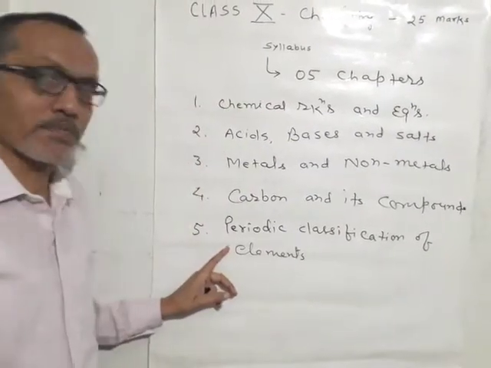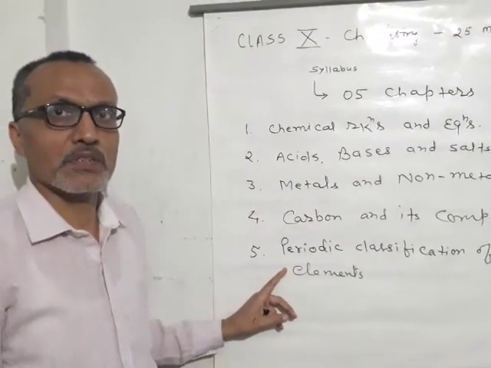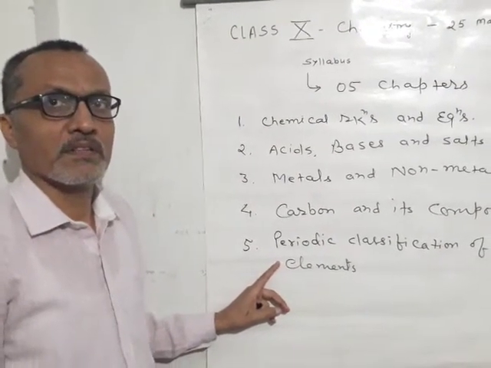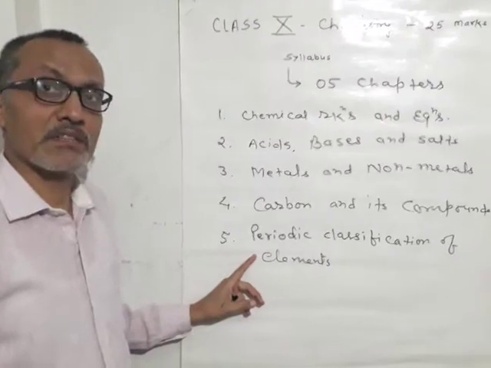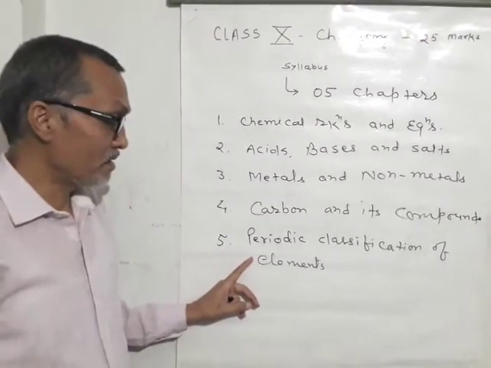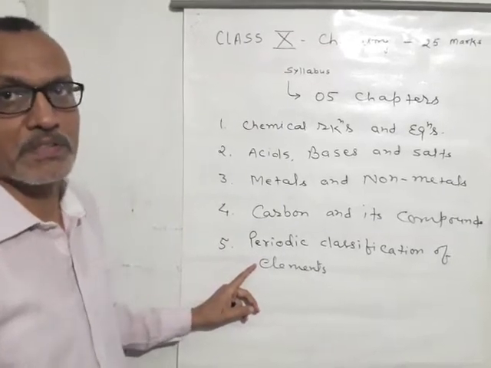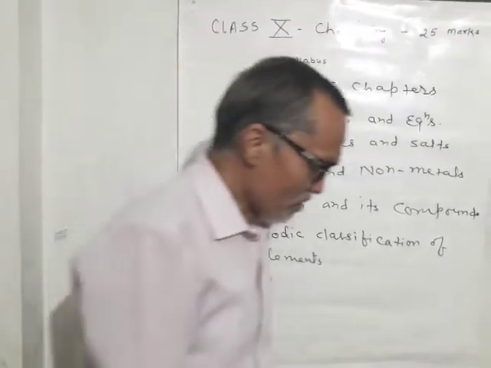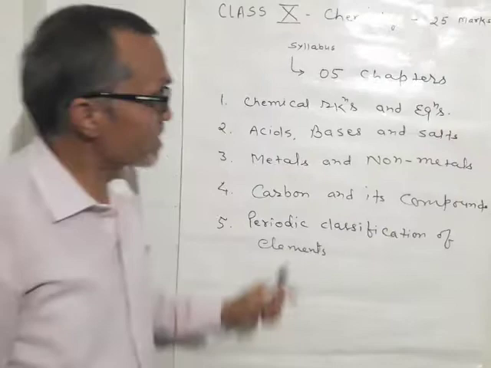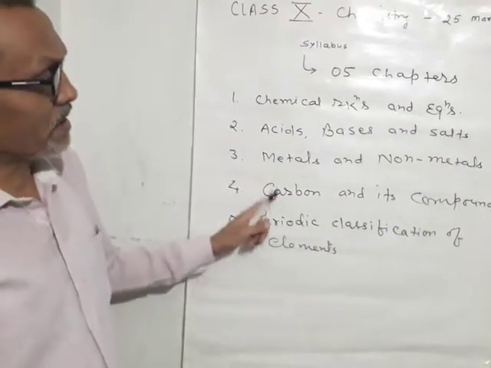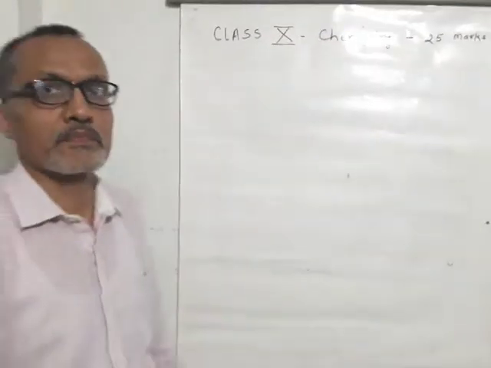Very important chapter of chemistry, periodic classification of elements. At last we will study about this chapter, but it is very important. So students, these are the chapters we have to study in our syllabus.